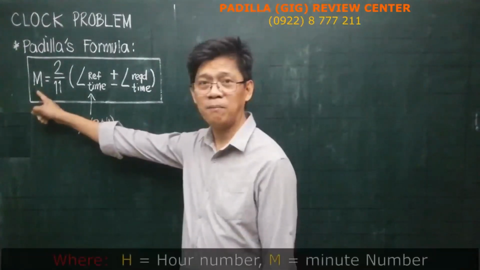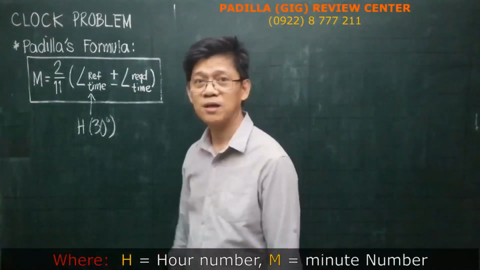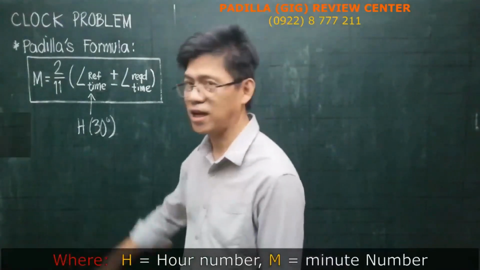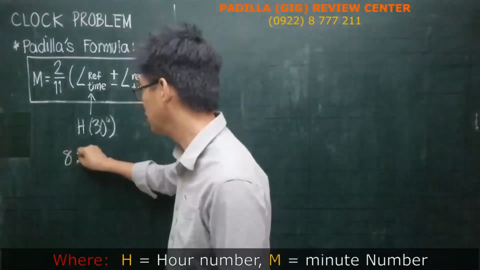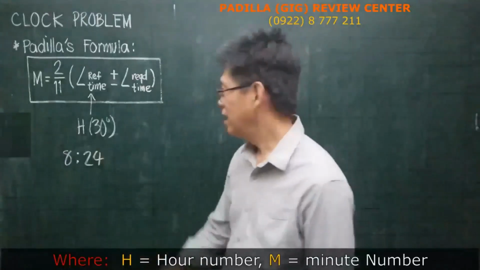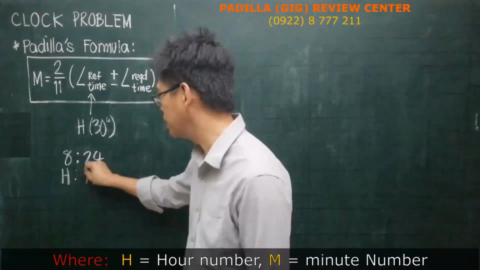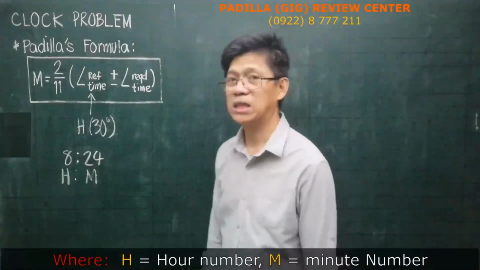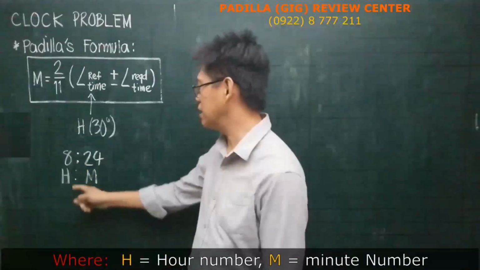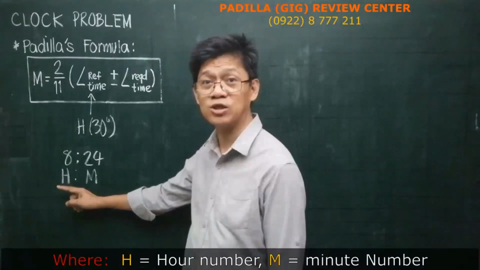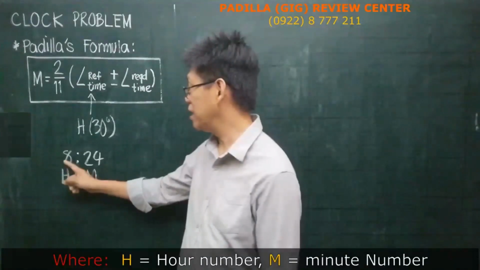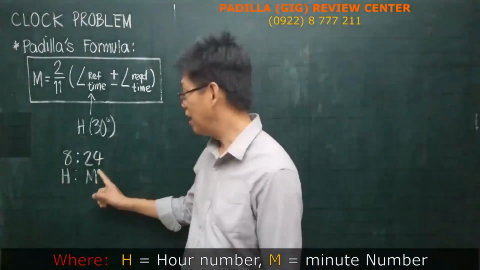What is M and what is H? If the time is, let us say, 8:24, this 8 is our hour, this 24 is our minute. For example, we are asked to find the angle between the hands of the clock during 8:24.